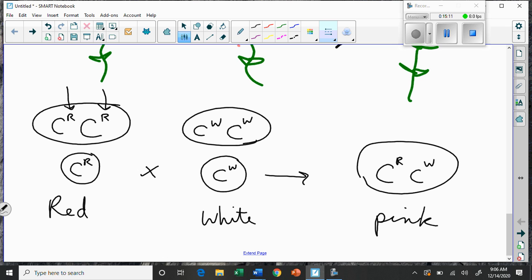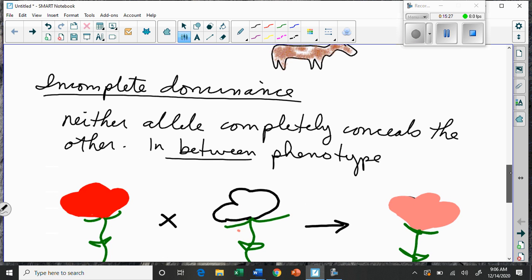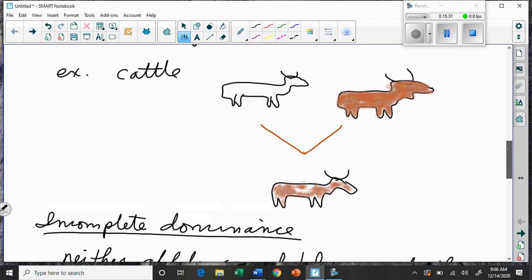And codominance. Okay, I could give you an example. I didn't give you an example of codominance, though, did I? So I kind of went out of order. This is an example of incomplete dominance. Here, I gave you the roan cattle. So that's kind of one example.